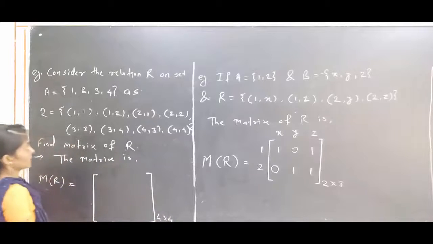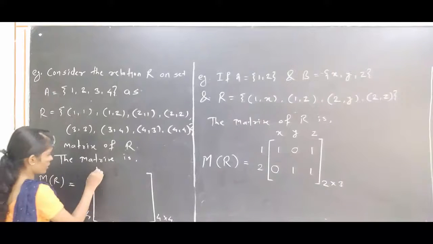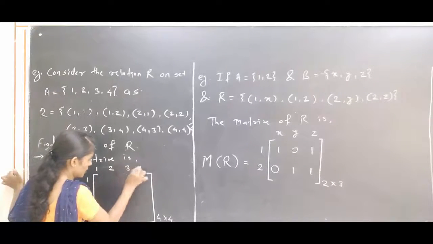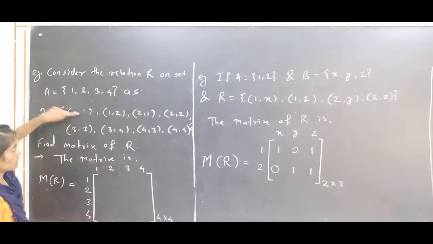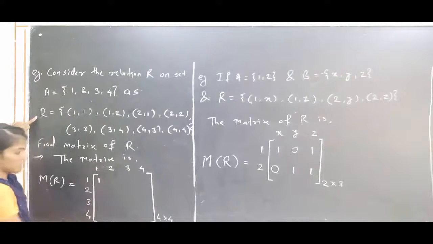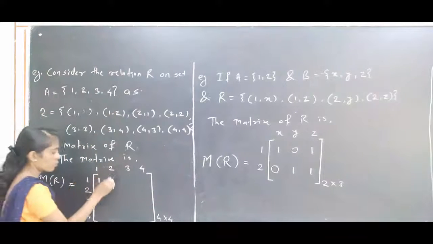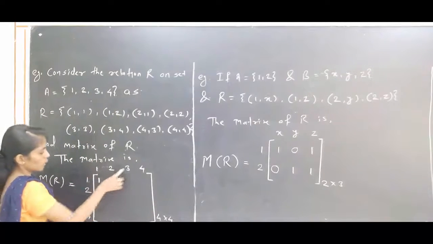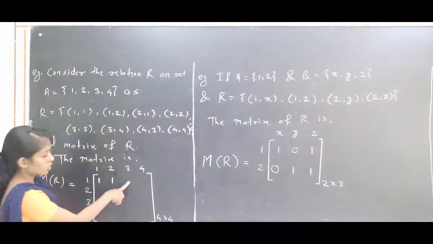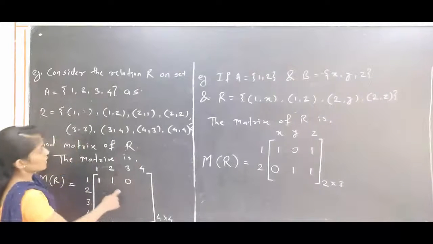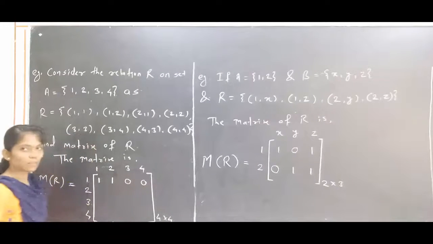Rows represent elements of A and columns also represent elements of A. Now see here, 1 is related to 1, so pair (1,1) belongs to R, so mark this entry 1. Then 1 related to 2, pair (1,2) is present in R, so 1. Pair (1,3) is not present in relation R, so mark this entry 0. Now (1,4) again does not belong to relation R, so mark this entry 0.